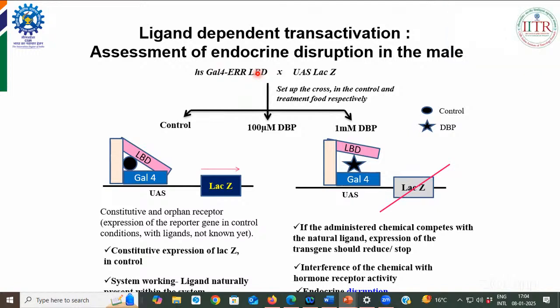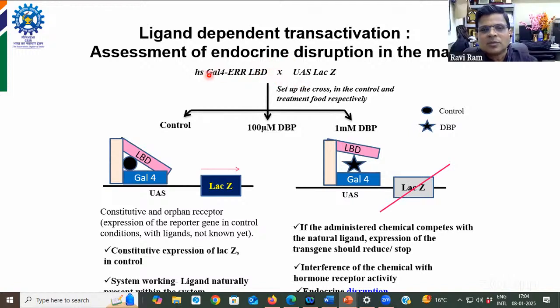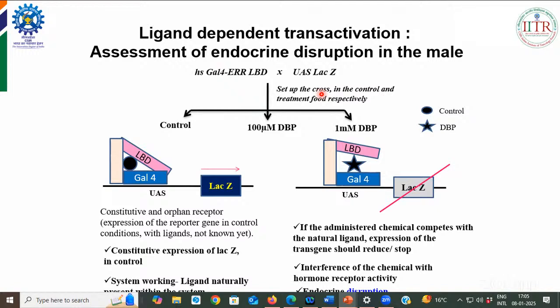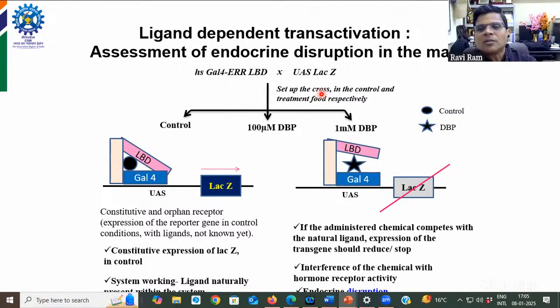Clear, sir. Okay, so when this one goes and binds to the UAS, it is going to initiate the transcription of the reporter gene, which we call lacZ. Some of you must have heard of beta galactosidase assays or blue-white colony assays, right? You do the X-gal staining and you see whether there is blue color wherever there is lacZ or beta galactosidase expression.